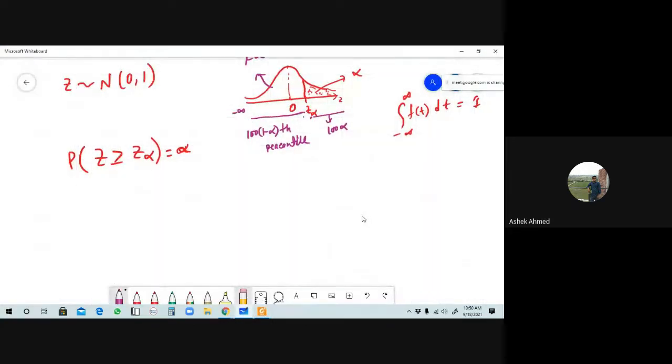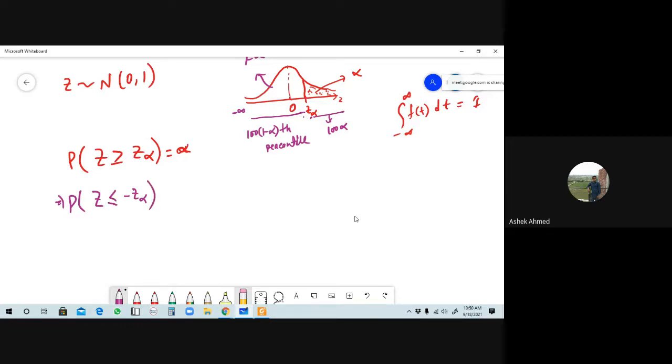So in that case, if you multiply both sides of the inequality by minus 1, we can write this probability: since capital Z is the variable, I can keep it as it is, but the coefficient of z sub alpha will be negative. In that case, the greater than or equal will become less than or equal. Is it right?